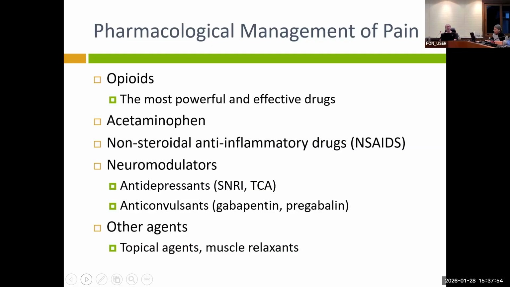And then other agents like topical agents. Some of my patients get really good effects from capsicum pepper, spreading that on the skin. And then some of the other topical agents, well, that's the one I use most often.